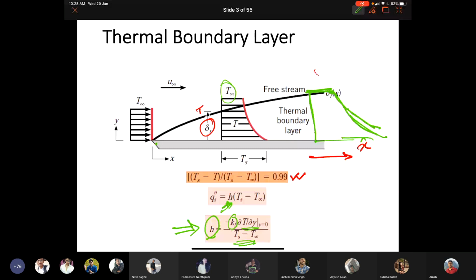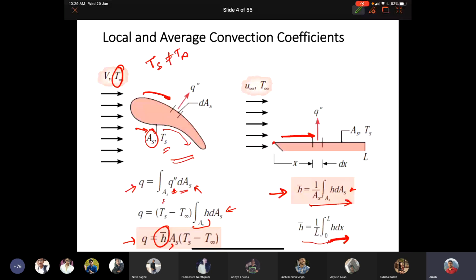Now that H we are trying to find is the local one. But for any practical application, we have to find the overall convective heat transfer coefficient for that surface. If I have any arbitrary shape, that H we can find in terms of an average heat transfer coefficient.